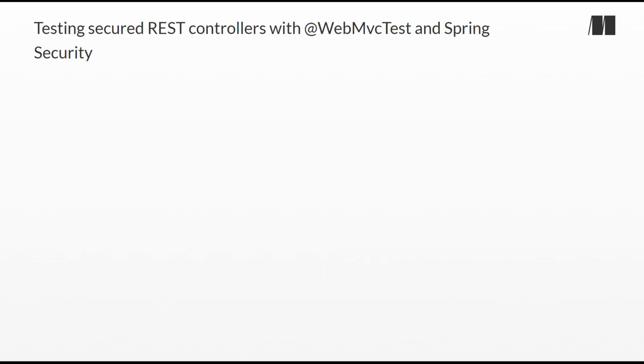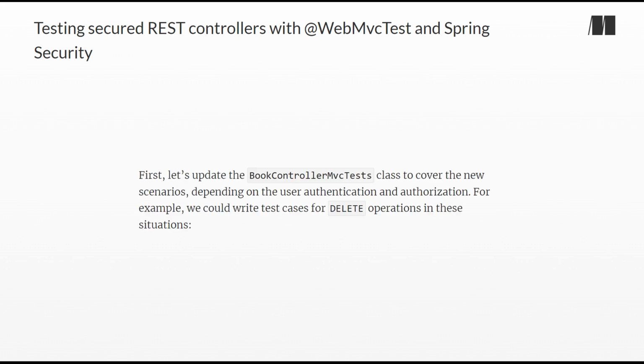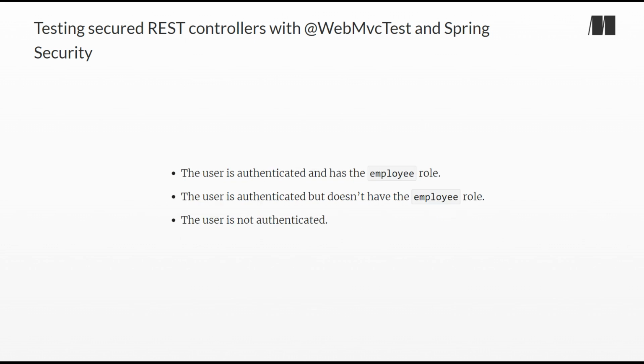Testing secured REST controllers with @WebMvcTest and Spring Security. First, let's update the BookControllerMvcTests class to cover the new scenarios, depending on the user authentication and authorization. For example, we could write test cases for delete operations in these situations. The user is authenticated and has the employee role.